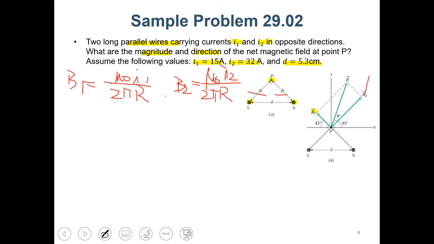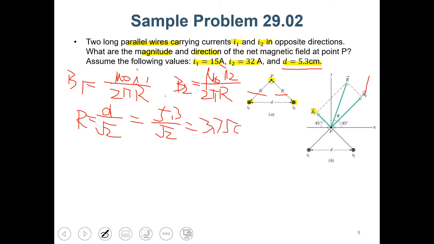This one is r. And we only know D is 5.3 centimeters, but this is a right-angle triangle, so r is nothing but D over square root of 2, which is 5.3 over square root of 2, which is 3.75 centimeters.